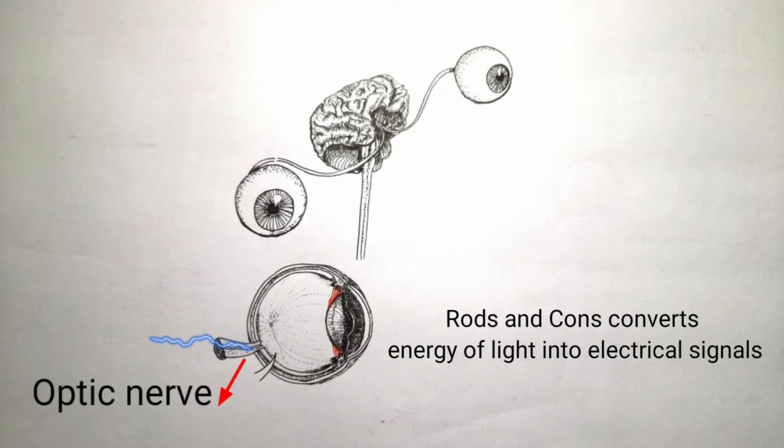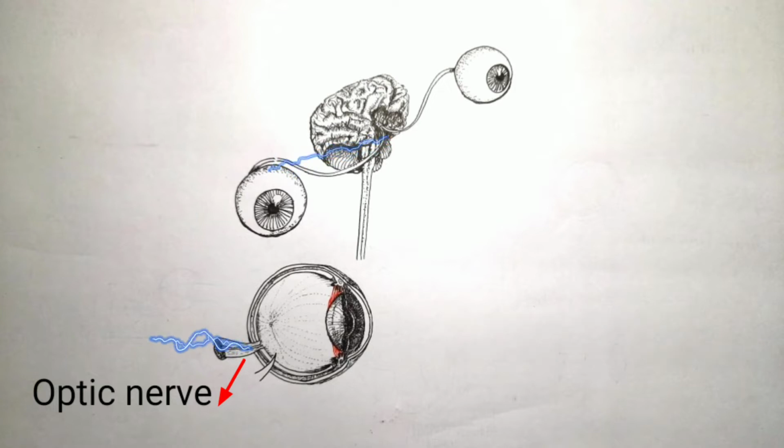The optic nerve is the cranial nerve II that transmits visual information from the retina to the occipital lobe of the brain. The brain then interprets the signal to create visual perception, or the images that we see through our eyes. In short, that was the structure of the human eye. We will discuss the detailed structure of the eye in another video series.